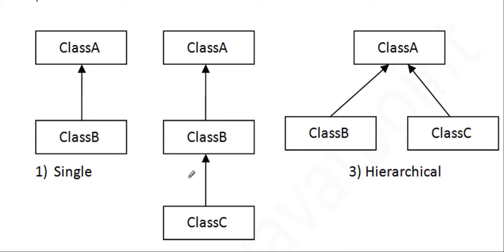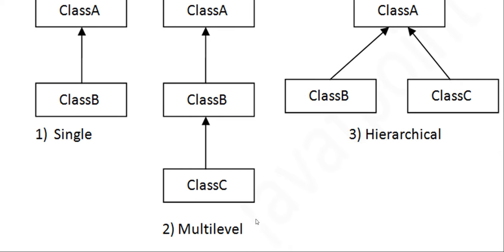The second kind of inheritance is multi-level inheritance. Here we have to apply the inheritance in two steps. To create this kind of inheritance, we use three classes: class A, class B, and class C. In class B, you use the extends keyword.